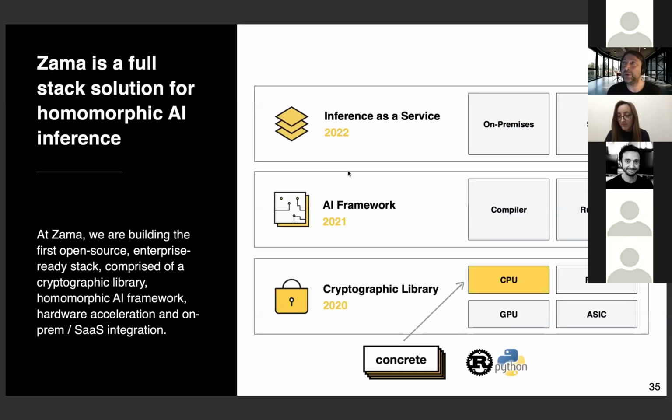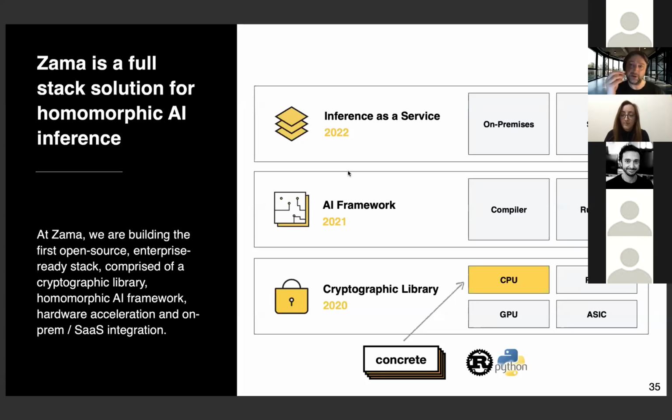And you cannot easily deploy and generate homomorphic programs unless you have some form of a compiler. So the compiler is written in Python. It is specialized for neural networks very specifically.